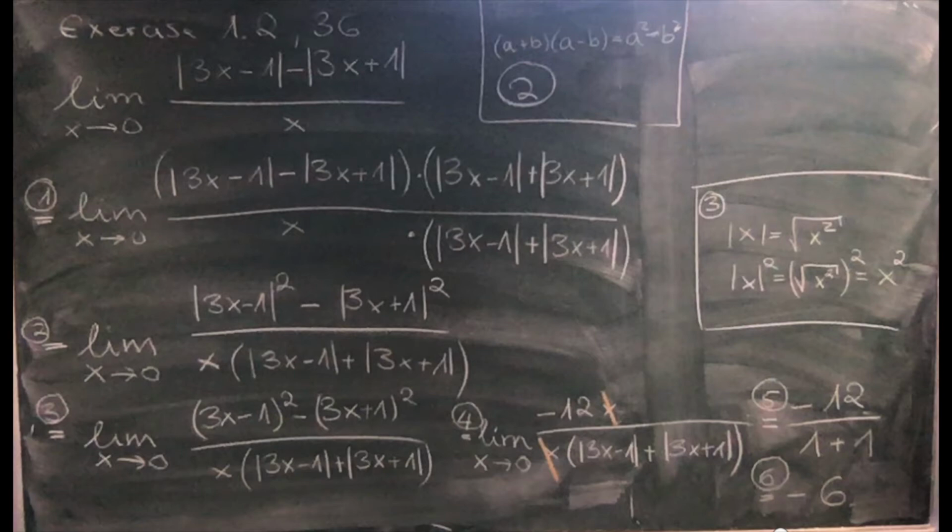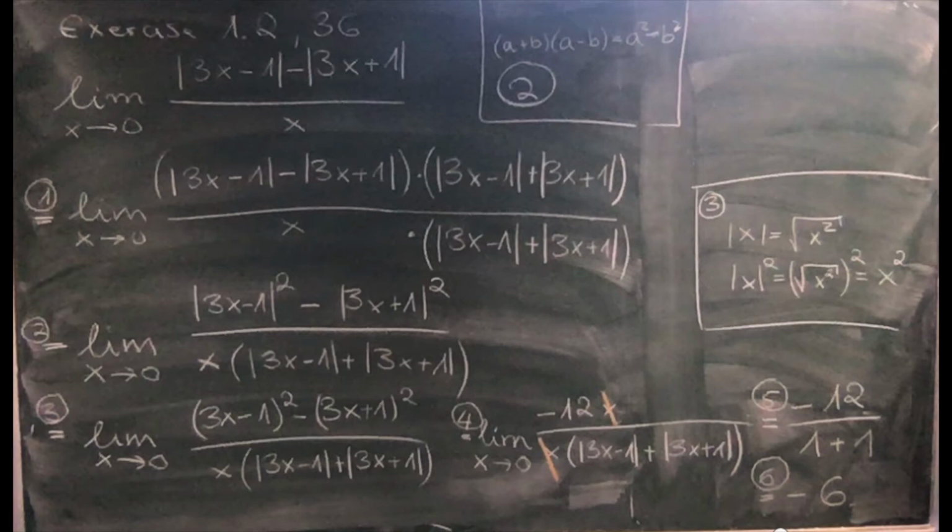Absolute value of x squared: replace the absolute value of x by the square root of x squared, and then that's still squared, which gives x squared since the outer square and the square root cancel out. Be careful, the inner square and the square root do not cancel out, because there we would have a solution plus minus x squared. But if we square at the end, everything will be positive. So no need to keep the absolute value in whatever is underneath the square.